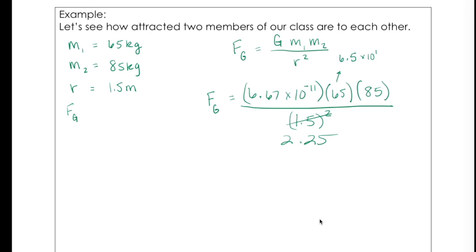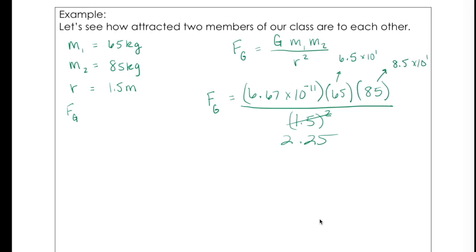You can have 6.5, 8.5, 9.2. You can't have 10. You can't have 11. You can't have 0.6. So 85 would be split into 8.5 times 10 to the 1.